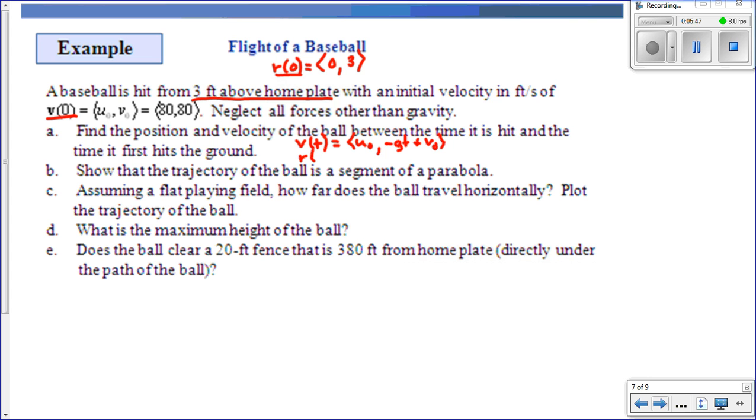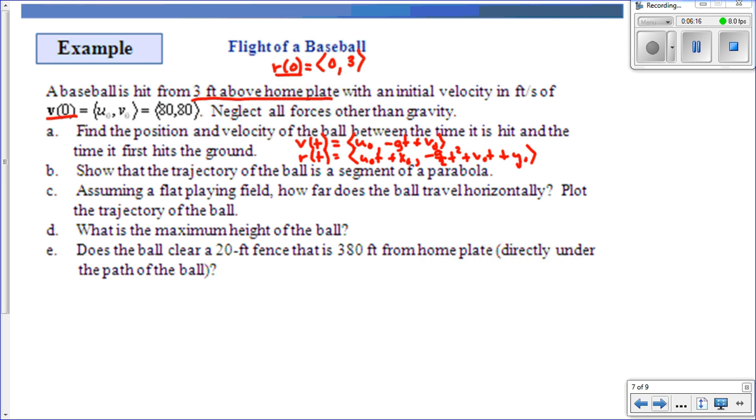And we'll have also that r of t is u naught t plus x naught, and then minus g over 2 t squared plus v naught t plus y naught. So those are the functions that we just derived.